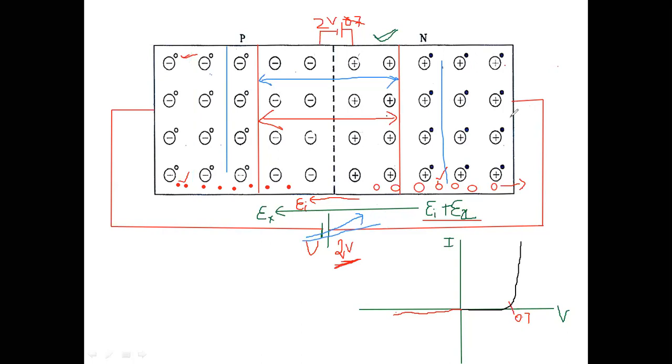But here in the Zener diode, after some voltage called the Zener voltage, VZ, let us suppose VZ equals 5 volts, up to 5 volts the junction width will increase. After 5 volts, this junction width will become constant. Junction width doesn't increase at all.